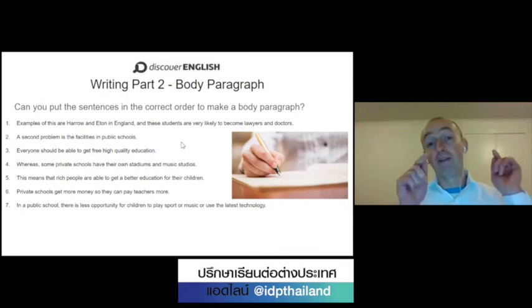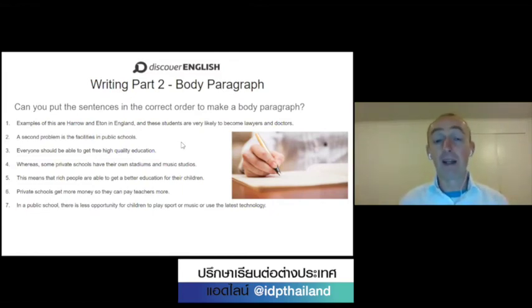So we know from that first sentence, which is a short sentence, that the main idea of this paragraph is going to be the point of view that everybody should be able to get free, high quality education. That's our topic sentence.